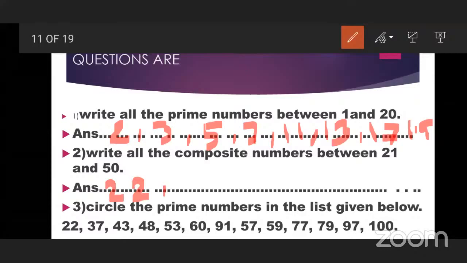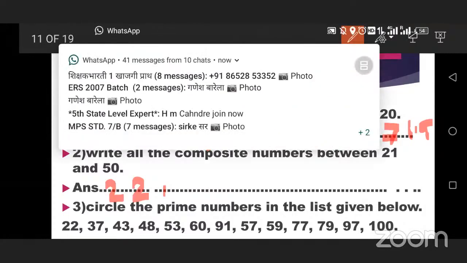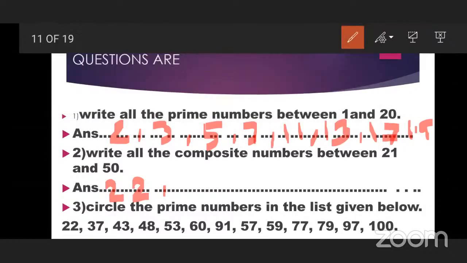Then 37, 43, 46, 36, 48. Composite numbers mean more than 2 factors.